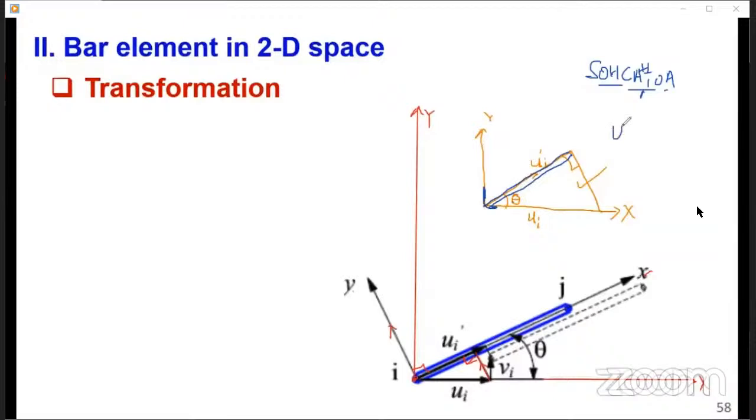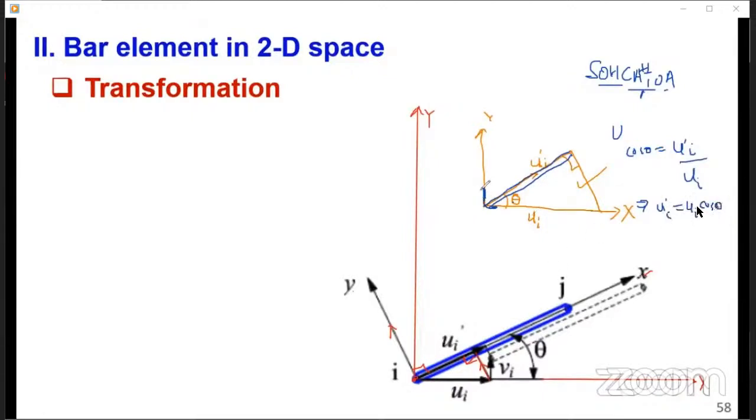So we can say cos theta equals, cos theta is equal to what? Adjacent over hypotenuse. So u prime i over ui. Therefore, we have the horizontal component of ui, u prime i, which is equal to ui cos theta.